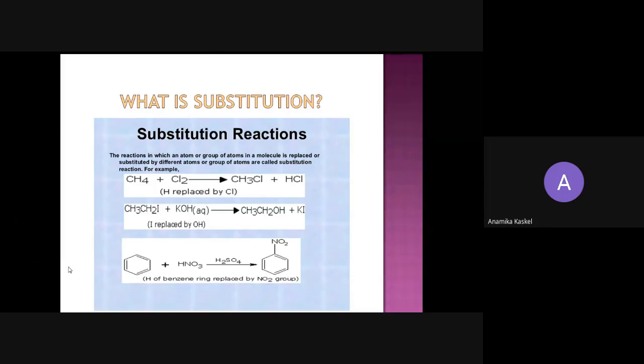CH4 plus Cl2, we get CH3Cl. That means one hydrogen is replaced by chlorine. So there is a substitution of hydrogen by chlorine. This is an example of the substitution reaction.